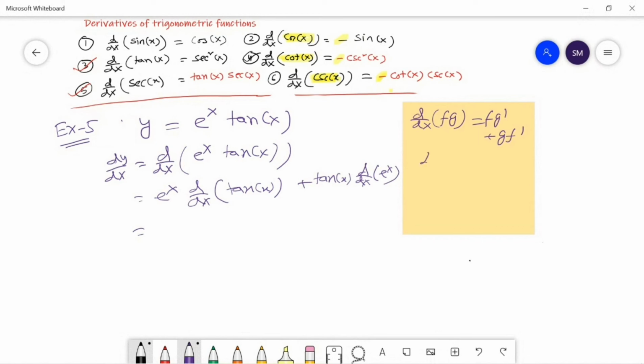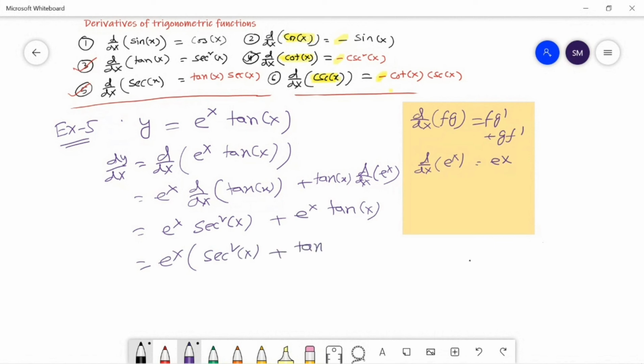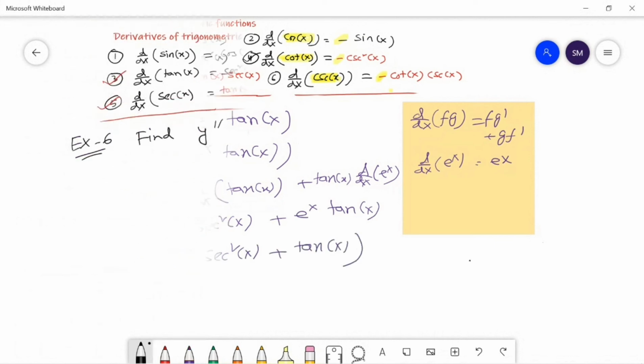The derivative of tan x is secant square x, and the derivative of e to the power x is e to the power x. So we have the answer here, e to the power x secant square x plus e to the power x tan x, and we rewrite the answer as e to the power x times secant square x plus tan x.